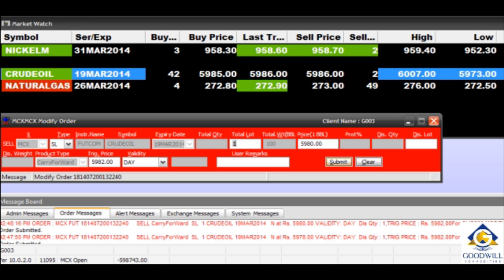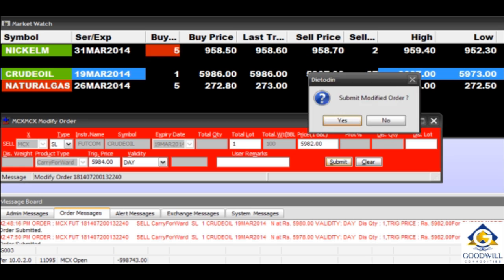That is the reason it is called stop limit order. I am going to increase this to 82 and I am also going to increase this to 84. So I am constantly changing these conditions.